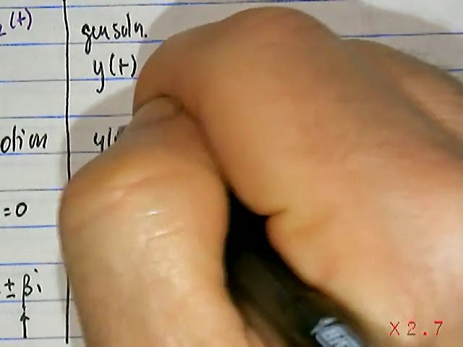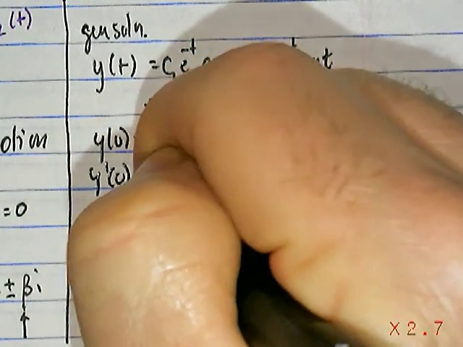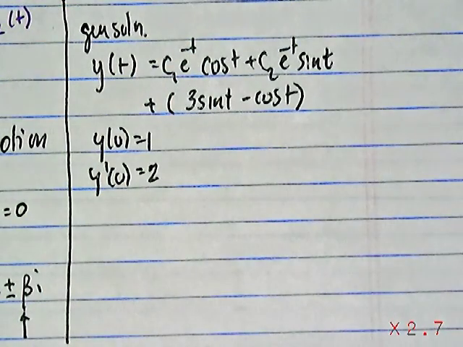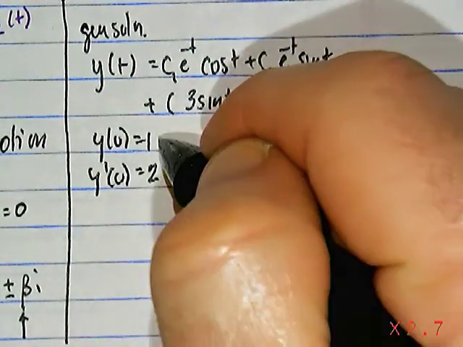We know that y of 0 is equal to 1, and we know that the derivative at 0 is equal to 2. So let's go ahead and use that first initial condition.